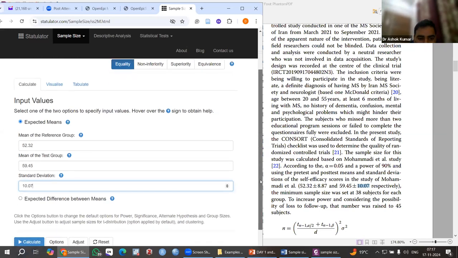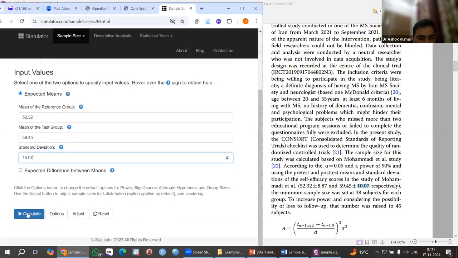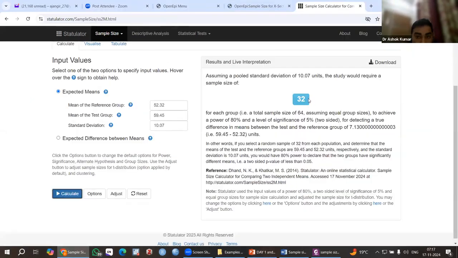Okay. Then I have to click calculate. Then I can adjust for this. Okay. When I click adjust, calculate, this will come 32. Okay, this is 32. And what we calculated? We calculated 38.